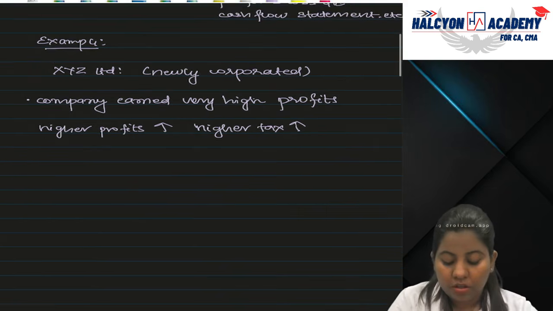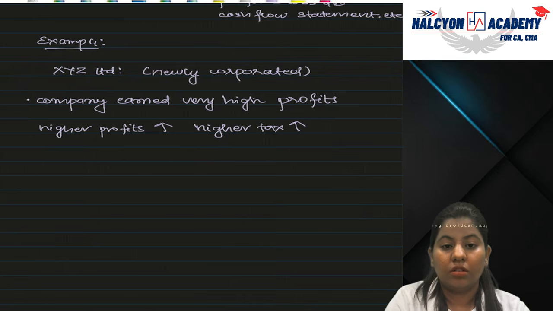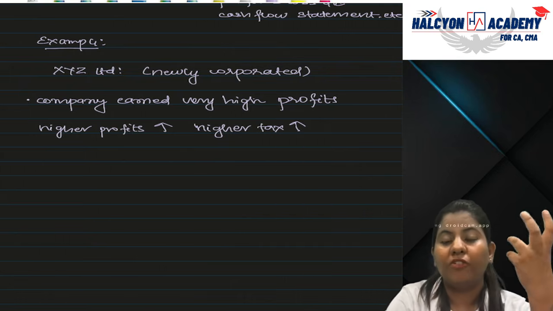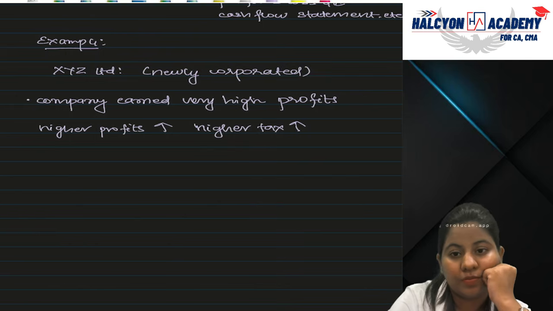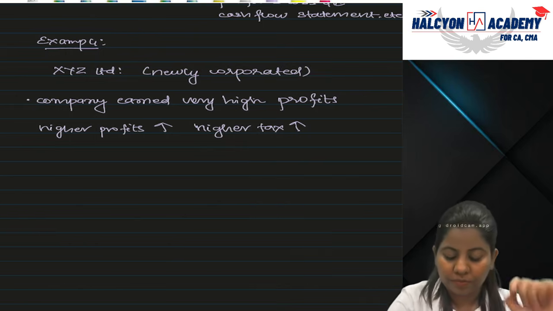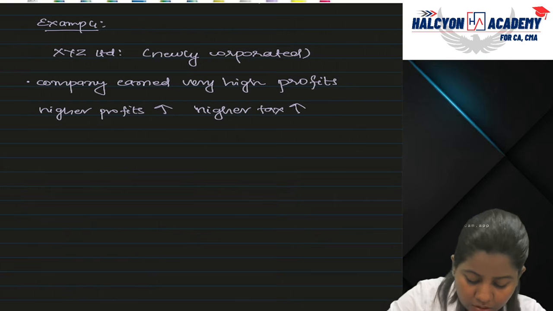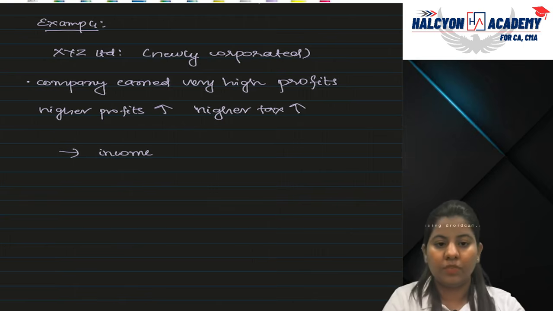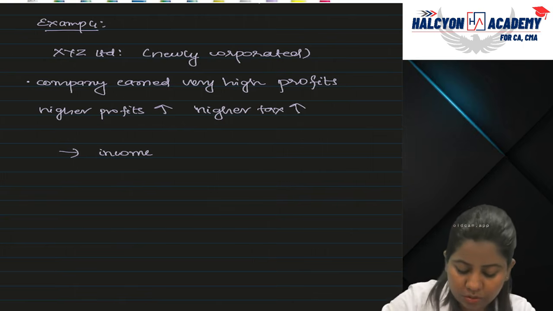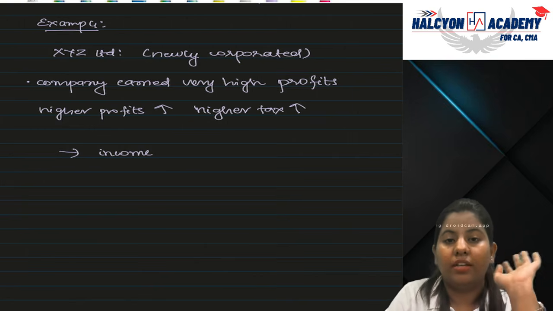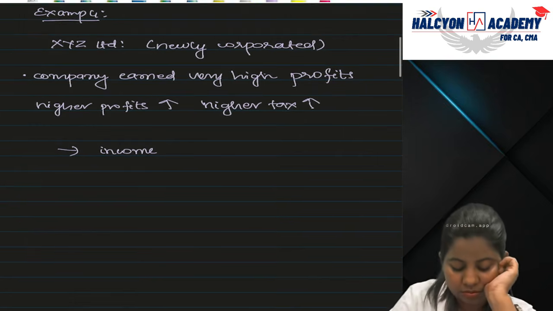Can you tell me on which profit the tax is charged? On net profit, right? Taxes are charged on net profit. See, they earned high income, right?